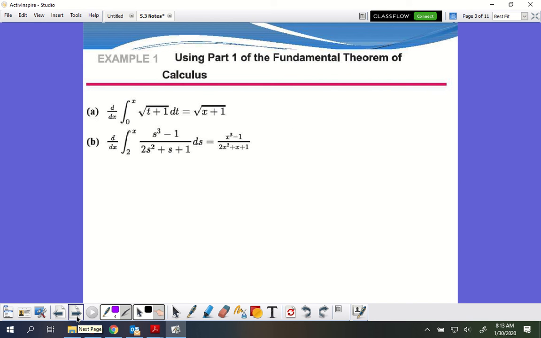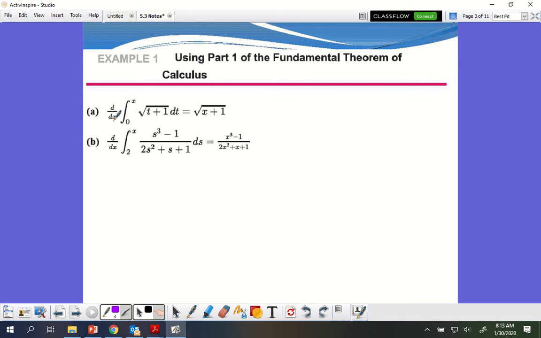Okay. So, that's super good. FTC Part 1, Fundamental Theorem of Calculus Part 1 means we're doing the exact same thing. So, here are two different examples where it happens. In this case right here, look at what I'm taking a derivative in terms of. It is in terms of what? T, right?